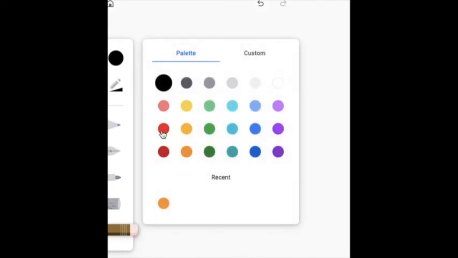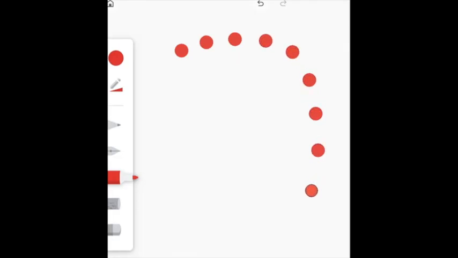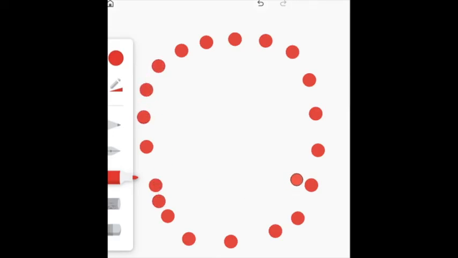Now, let's go over to our whiteboard. And I'm going to put 20 little dots all in a row. 1, 2, 3, 4, 5, 6, 7, 8, 9, 10, 11, 12, 13, 14, 15, 16, 17, 18, 19, 20. Whew, we almost didn't make it.